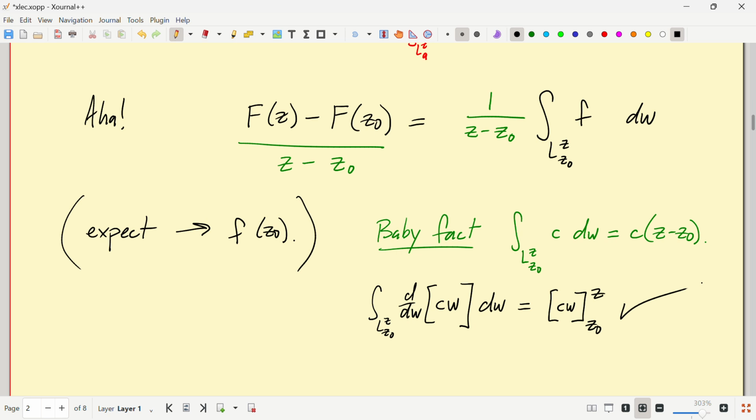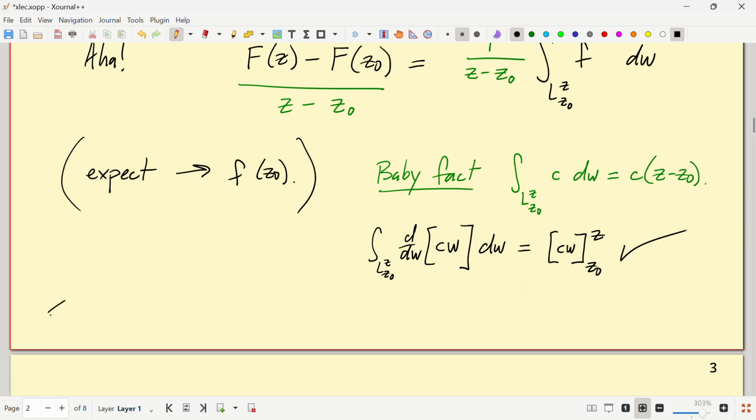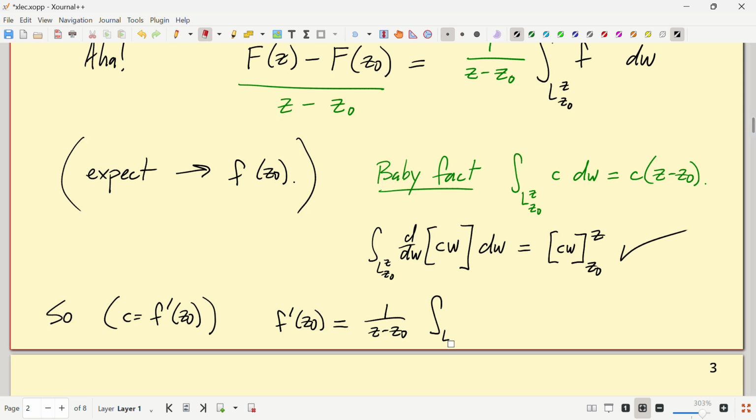Okay. And so if I let c be equal to this constant, f prime of z naught, then, let's see, what do I want? f prime of z naught equals 1 over z minus z naught times the integral along the line from z naught to z of the constant f prime of z naught dw.